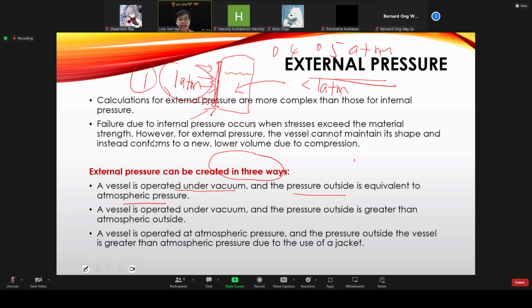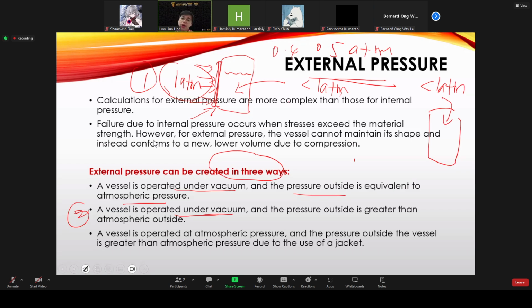The second scenario is, similarly, I operate the pressure vessel under vacuum, that means the operating pressure inside the pressure vessel is lower than 1 atm, so it is also known as operated under vacuum.